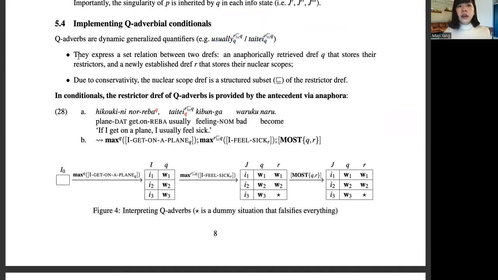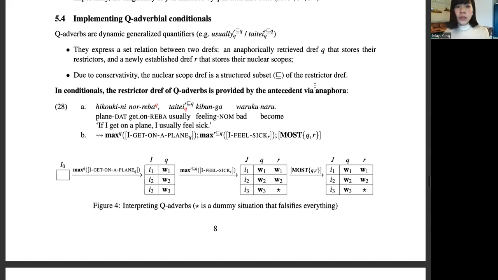Specifically, Q adverbs express a set relation between two derivs, one anaphorically retrieved, and also they establish a new deriv R that stores their nuclear scope. And due to conservativity of generalized quantifiers, the nuclear scope deriv is going to be a structured subset of the restrictor deriv.